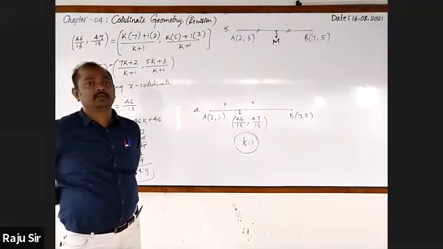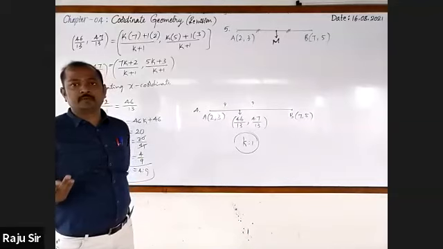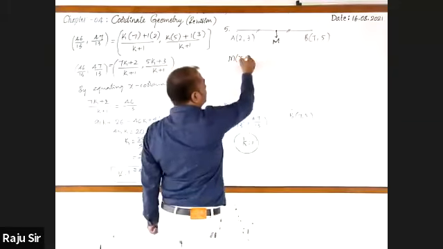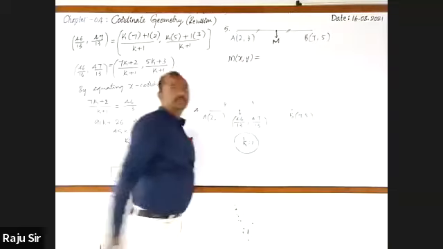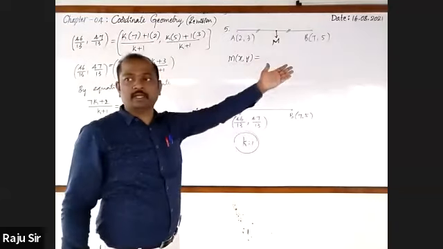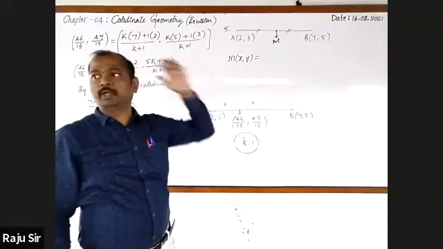How? By using the midpoint formula. If you find the coordinates of M(x, y), it is (x1 plus x2) by 2 and (y1 plus y2) by 2.